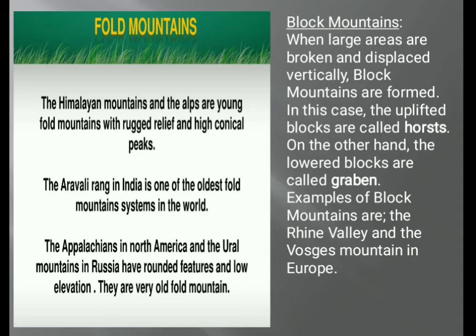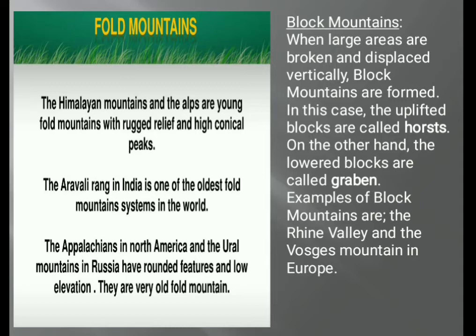Let's move on to the examples of fold and block mountains. The Himalayan mountains and the Alps are young fold mountains with rugged relief and high conical peaks. The Aravalli range in India is one of the oldest fold mountain systems in the world. As I told you, the Appalachians in North America and the Ural Mountains in Russia have rounded features and low elevation.